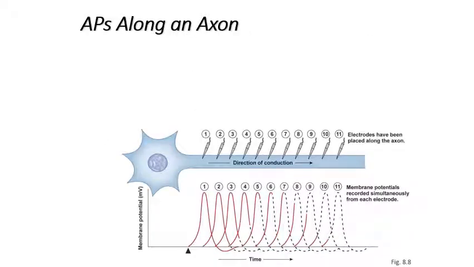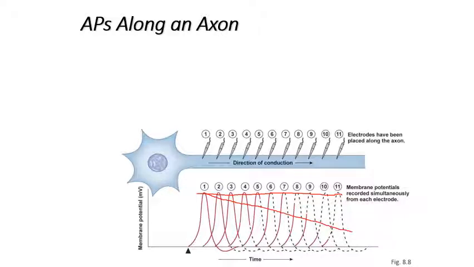All right, so here's that slide where we're looking at if we measured all the way down the axon, you would see that the amplitude of the action potential is roughly the same all the way down the axon. It doesn't come down and decrease.